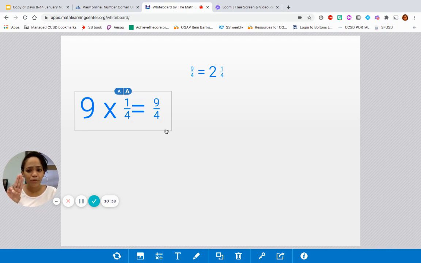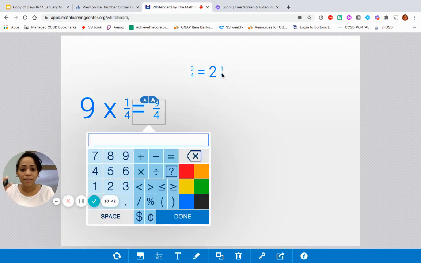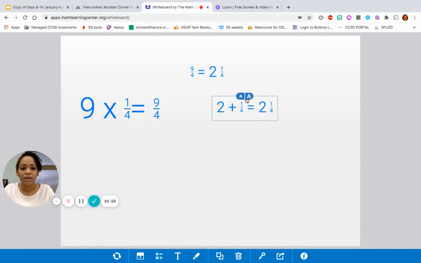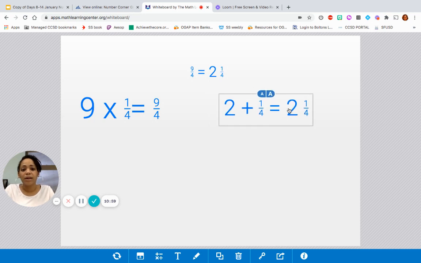And remember, I'm asking you for 3. So for my addition problem, I can separate my mixed number into a whole number plus a fraction, which is still going to give me my 2 1/4. So that's my second equation that I could write to help me get to my 3 equations.